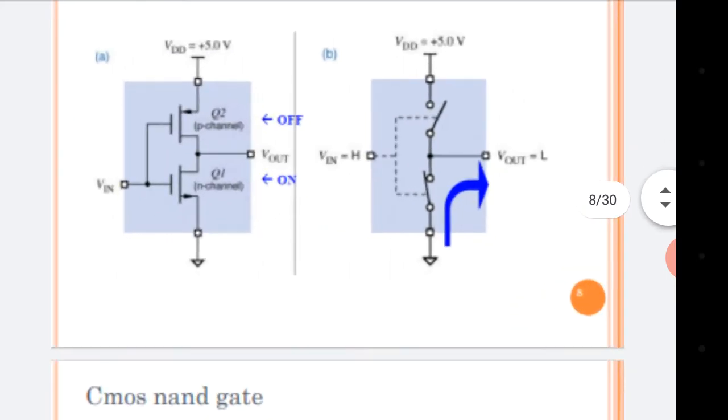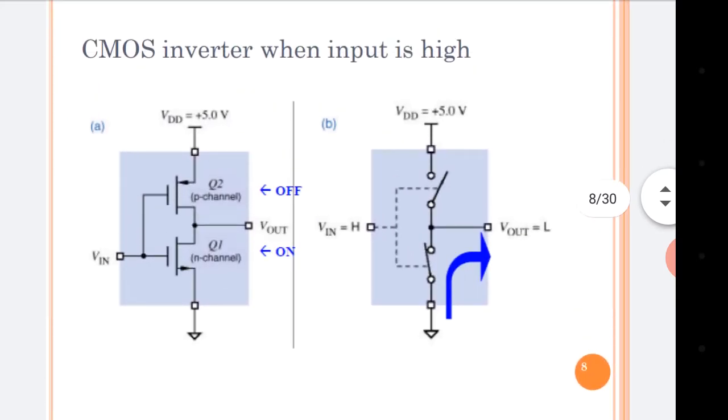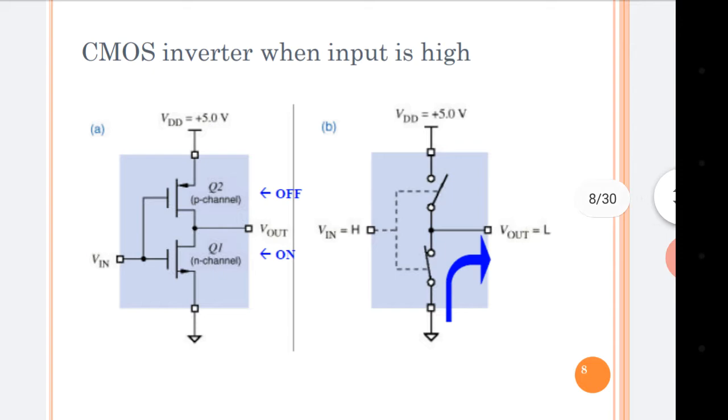Let us talk about what the output is when your input is high. Whenever input is high, let us say logic 1, connected to the gate of the PMOS, it will be acting as an off switch as shown in diagram 2.